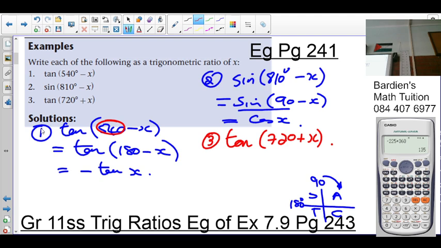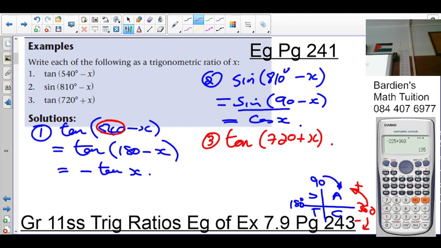Right, number 3, we got tan of 720 plus x. So what do I do now? 720 minus 360, which gives you 360 plus x. Now what? This 360 plus x, which quadrant is that in? 360 plus is first quadrant.